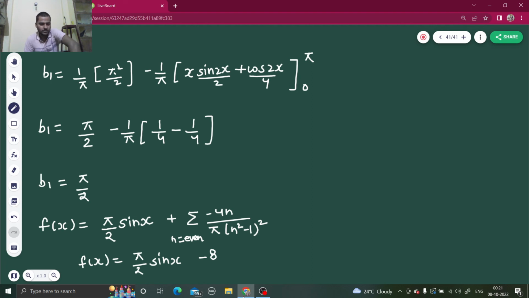So n equals to 2, so minus 8 by pi, and it is going to give you 4 minus 1, 3 square.